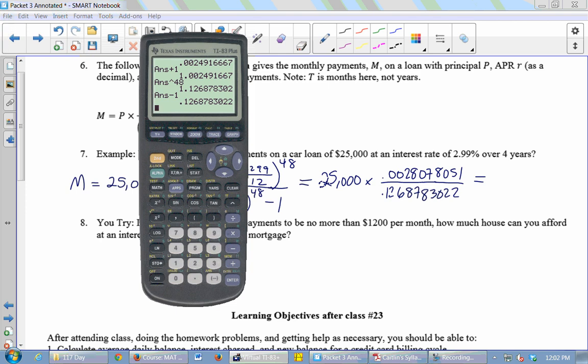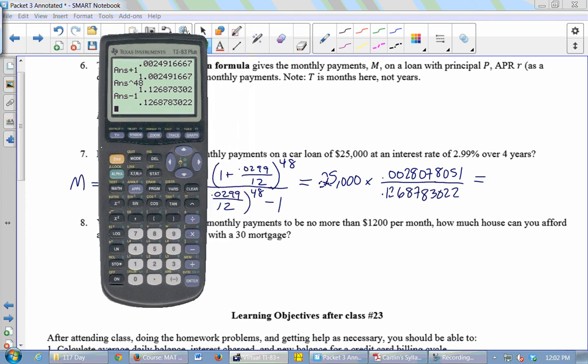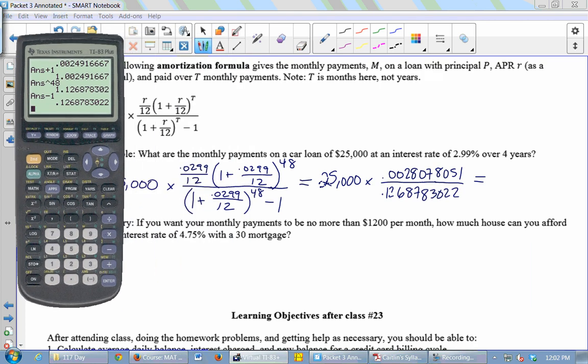It's ugly, but it's not hard, right? It's just the order of operations, and I know that all of you know how to do that. So you just do one step at a time. And if you have to write a lot of stuff down, write a lot of stuff down, right? It's fine.